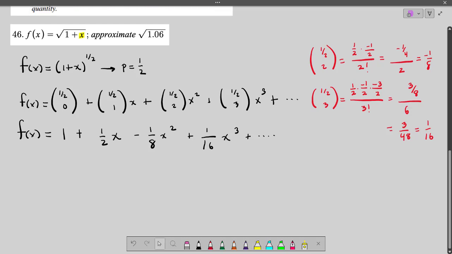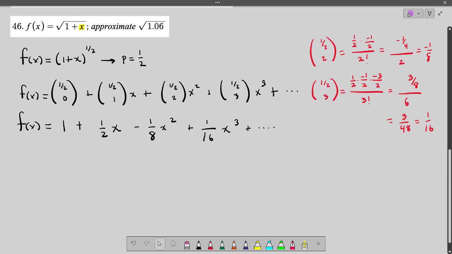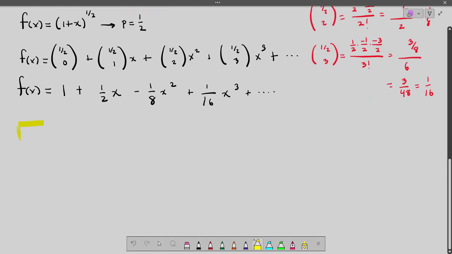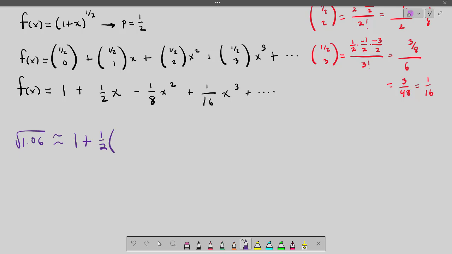So if we want to get our approximation, the square root of 1.06 will approximately be 1 plus 1/2 times 0.06, which is 6/100ths, minus 1/8 times 6/100ths squared, plus a 16th times 6/100ths cubed. That's our approximation.